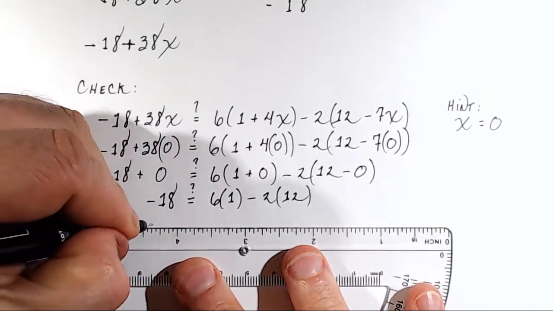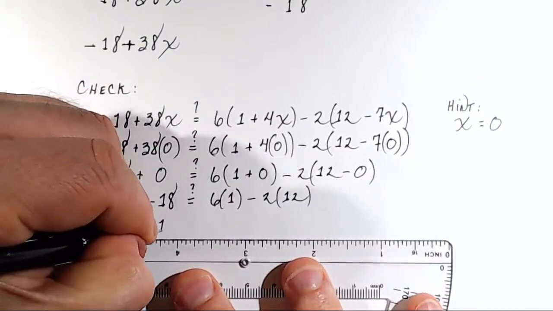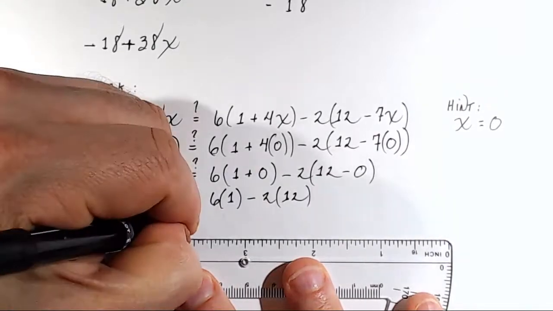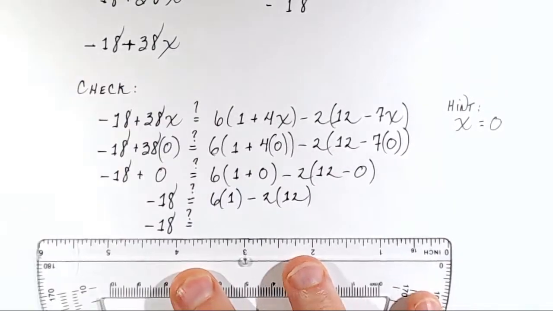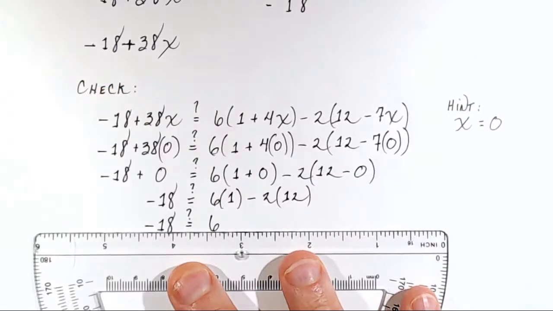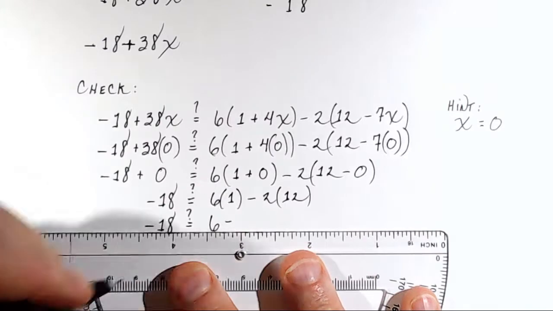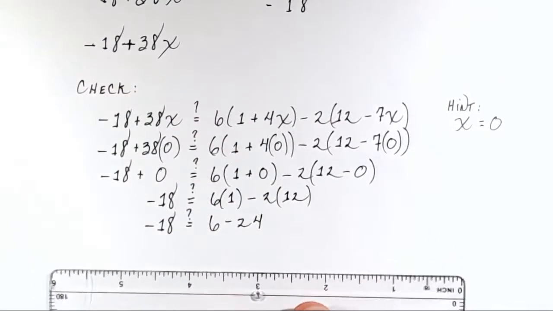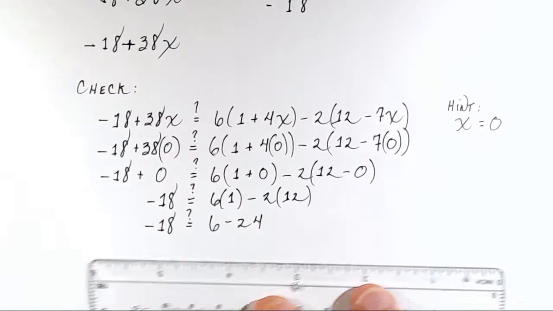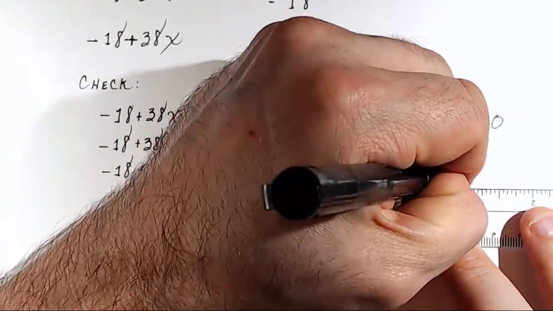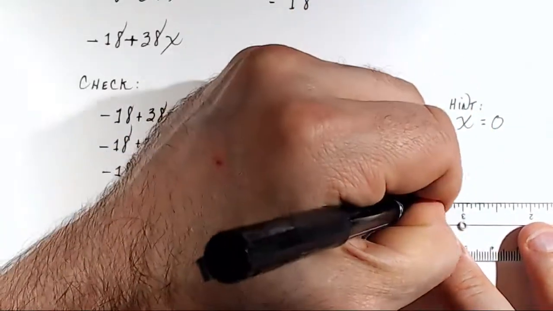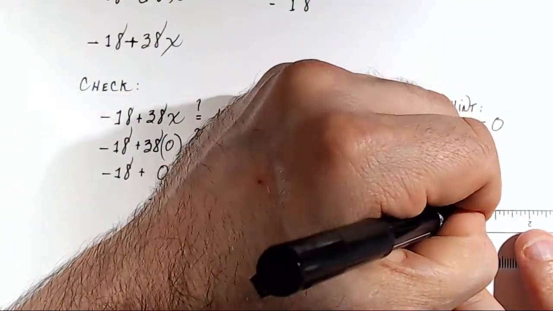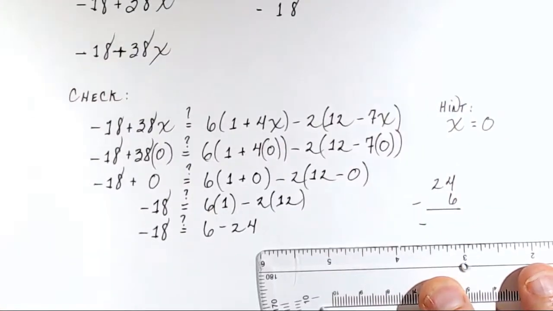Okay, so again, we're zooming in here on our answer. On the left side, negative 18 just stays, equals question mark, 6 times 1 is just 6, minus 2 times 12 is 24. So we write minus 24. Right? Now, what is 6 minus 24? So we're taking 24 away from 6. That basically means we're going to say 24 minus 6, and the result will be negative.